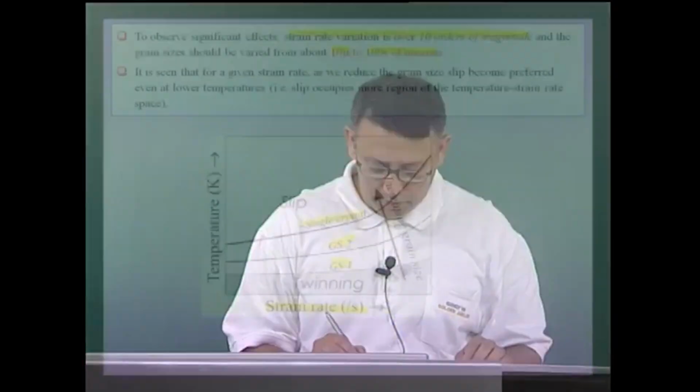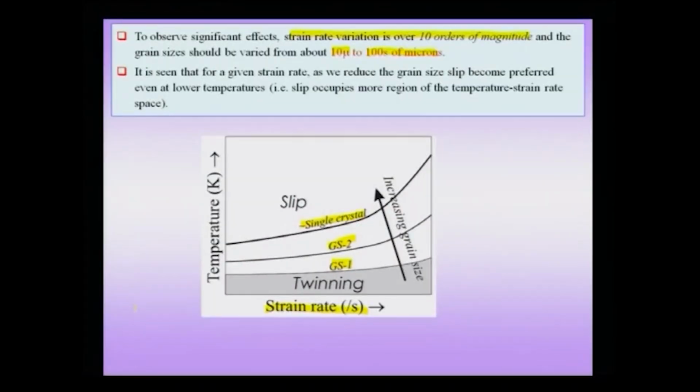Now, it is seen clearly from this graph that for a given strain rate, as we reduce the grain size, slip becomes preferred. But before that, let us understand a single grain size, let me take a grain size like GS1, and I am tracking this curve here. The region below this curve is the region where I would observe twinning, and all this region of space above this curve, I would observe slip.